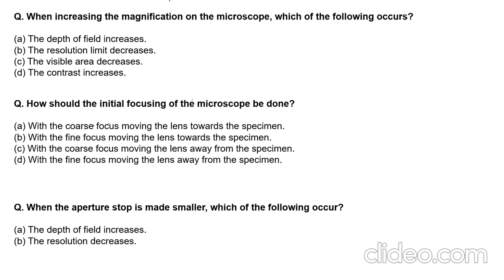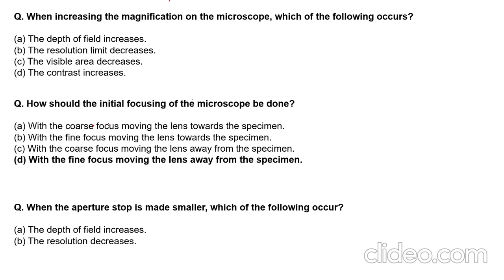And the second says the resolution limit decreases. The resolution limit is related to the arrangement of your microscope, so it is the refractive index, the semi aperture angle, and lambda. So the resolution limit will also not be affected, because the minimum distance between the two objects will remain the same if you have a particular microscope with particular parameters, right?